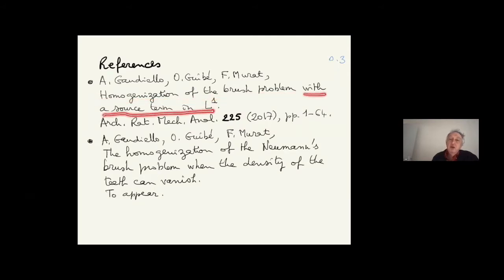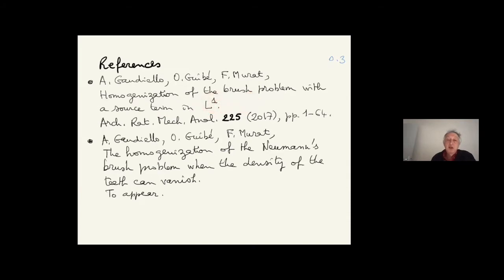So this is a mixing of renormalized solution for right-hand side in L1 and homogenization of the brush problem. But in this paper, there is a section which describes the case where the source term is not in L1, but in L2, and this is what I will describe now.